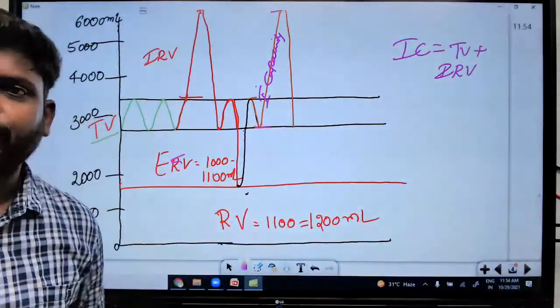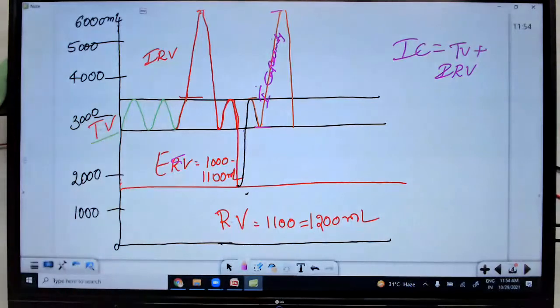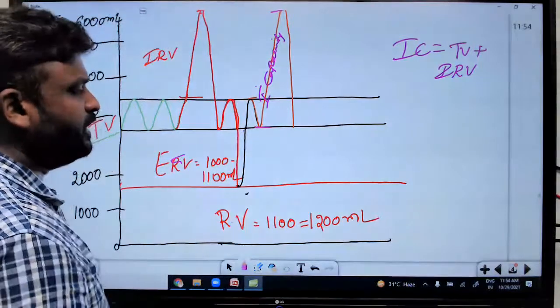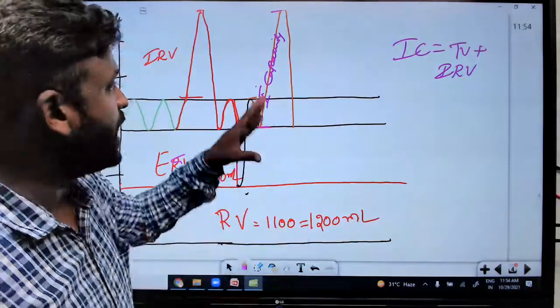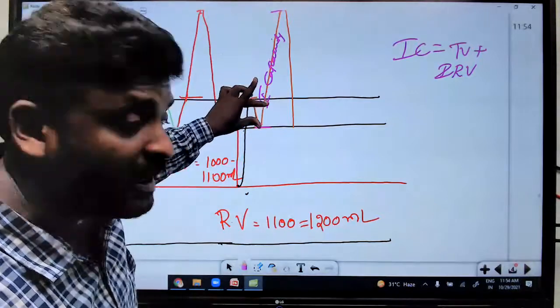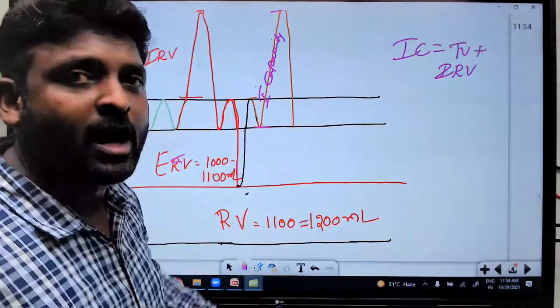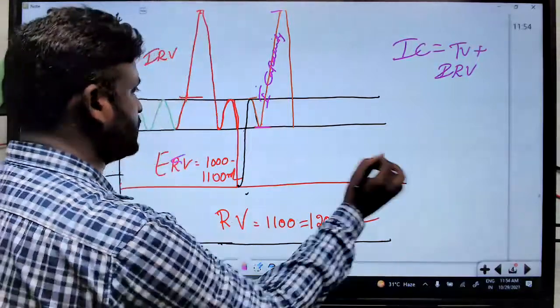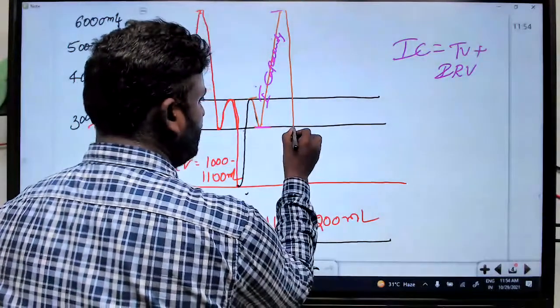Expiratory capacity. Quite the reverse of this. What we did there, you do forceful inspiration after normal expiration only. Now you have to do forceful expiration after normal inspiration.